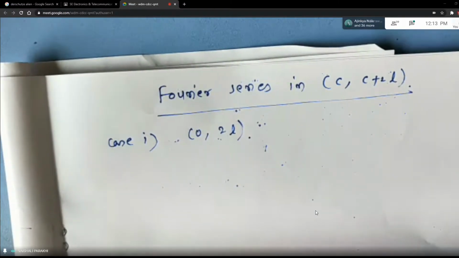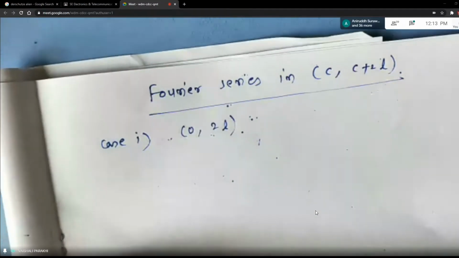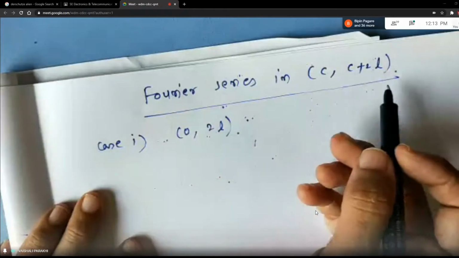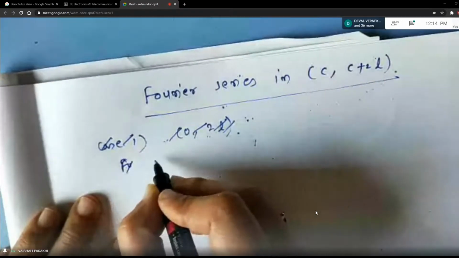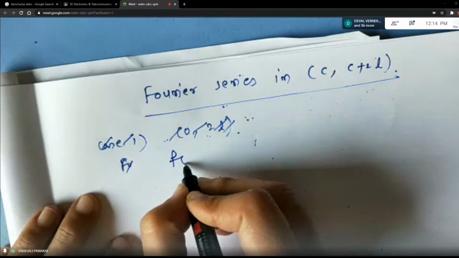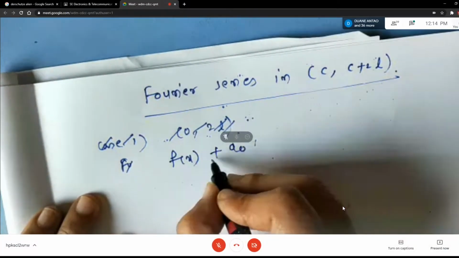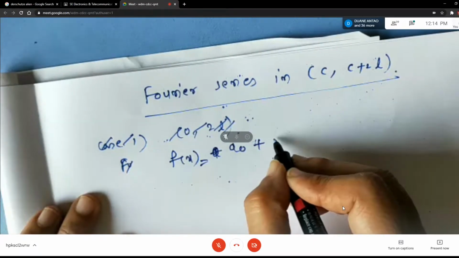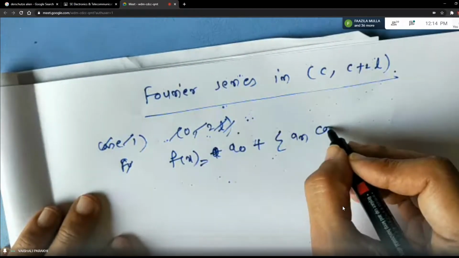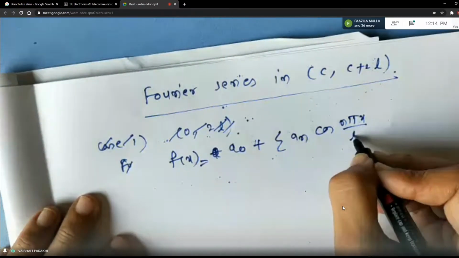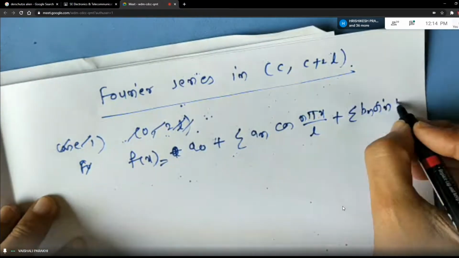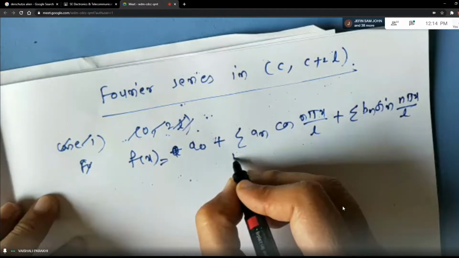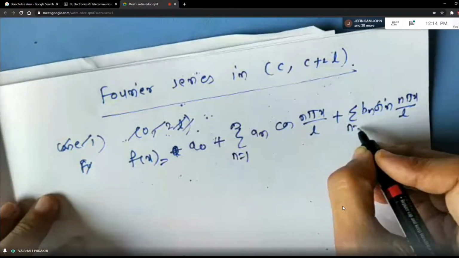These are the two things you need to understand here. Whenever the interval is from C to C plus 2L, first let me write the common Fourier series. It is f of x equals a naught plus summation an cos of n pi x by L plus summation bn sin of n pi x by L. N is from 1 to infinity in both the summations.